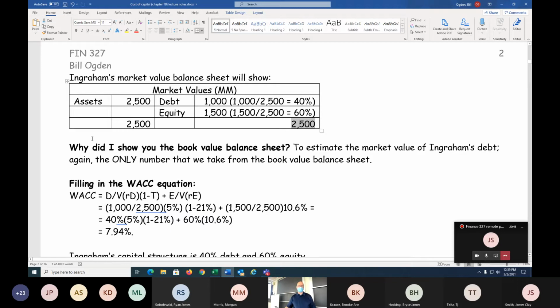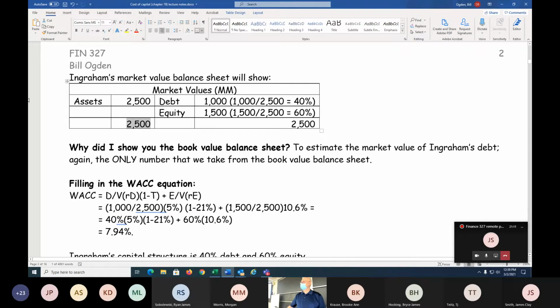So where do I get this number from? Well, the assets of a company are not publicly traded. I don't know what they're worth. So I assume that they're worth what the capital that funds them is worth. So this is just an identity. Take whatever you get here and immediately enter it over here.